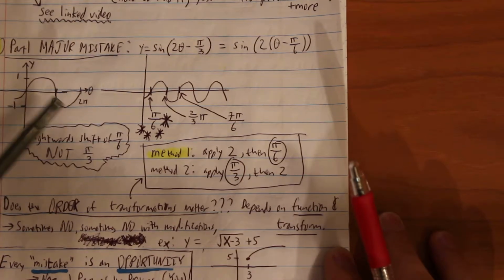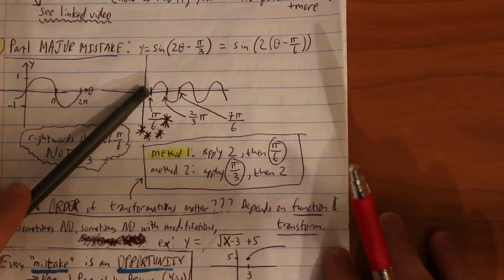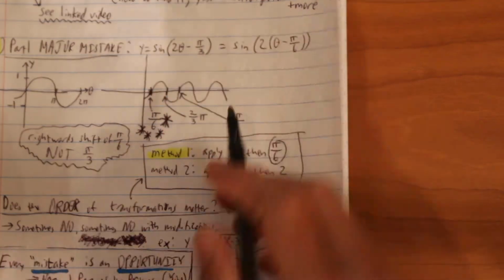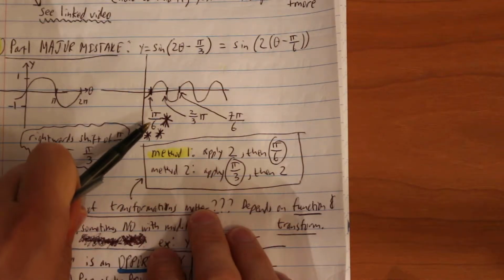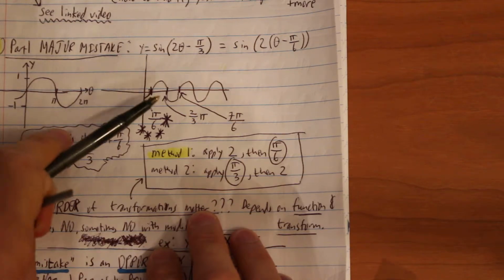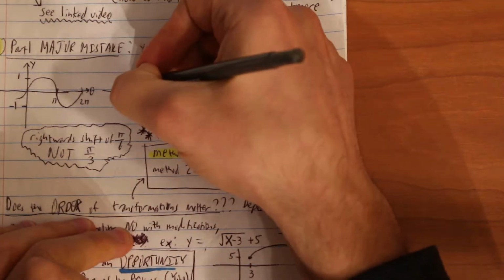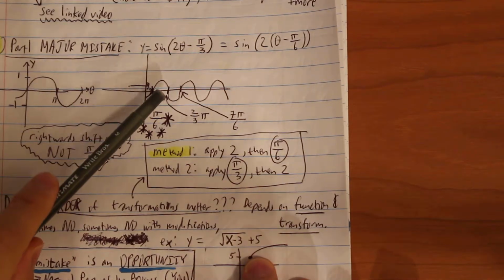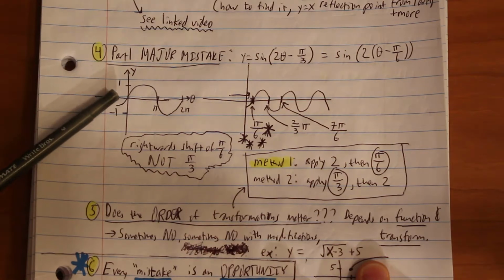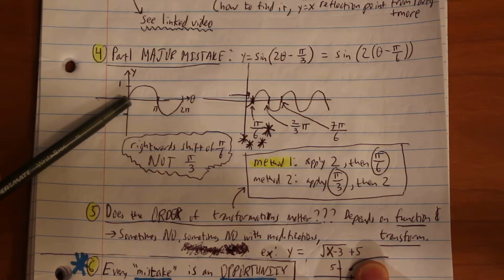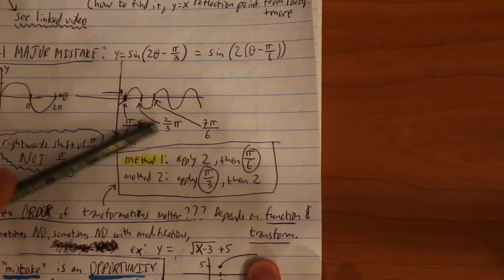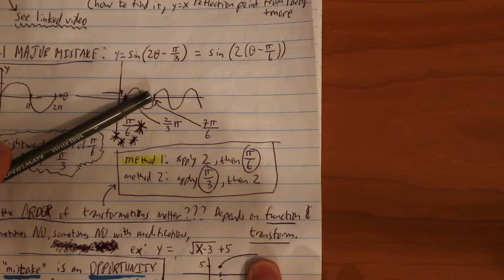So here on the right I have the diagram, so it's a rightward shift. This old point 0, 0 is now pi over 6 comma 0. So we've moved to the right, I'll just make a big arrow, by pi over 6. Now I sketched a few other critical points over here, so our old points of 0, 0, pi comma 0, and 2 pi comma 0 have now become pi over 6, 2/3 pi and 7 pi over 6.